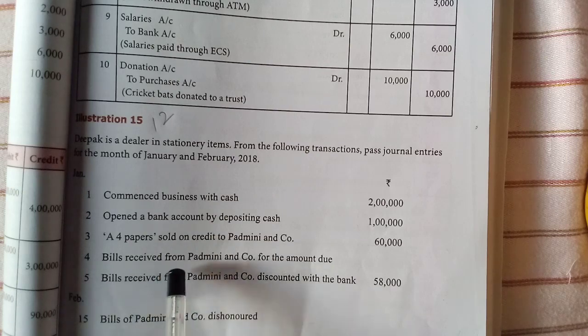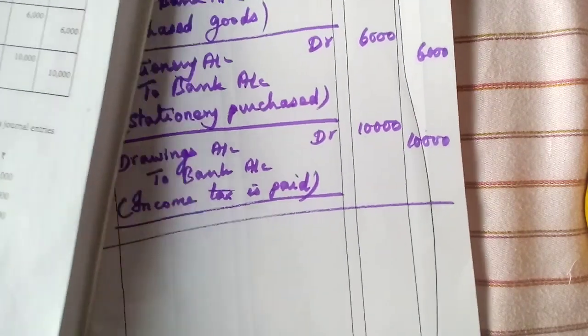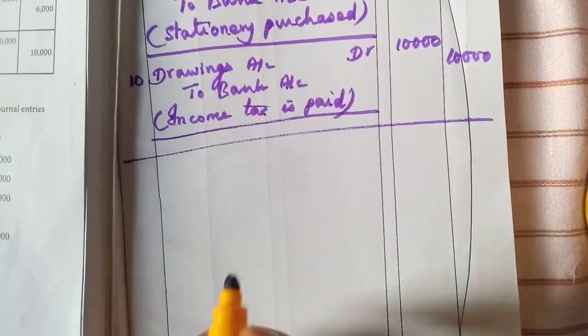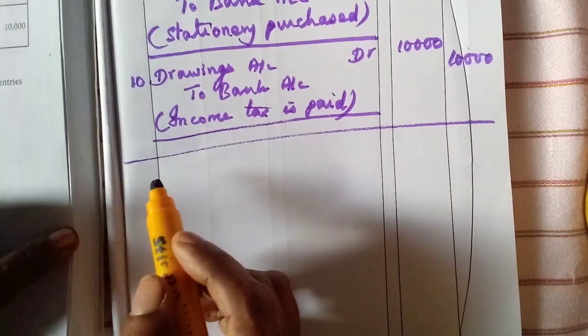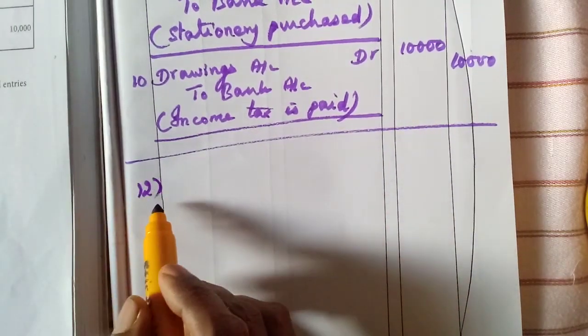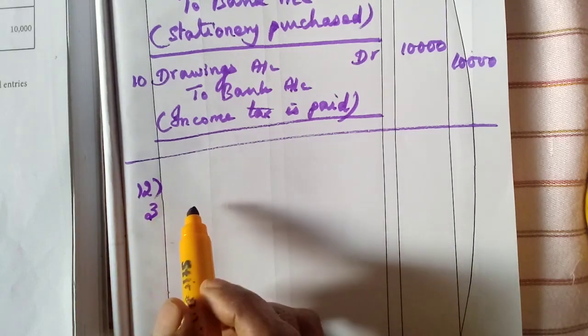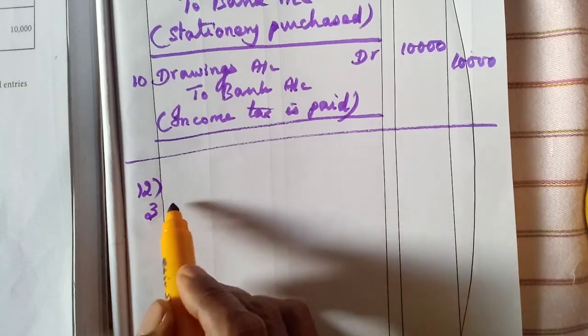Now you see here the bills received. Illustration 12, isn't it? So the three we will start. Okay, when we sell goods to Padmini, what is the entry?